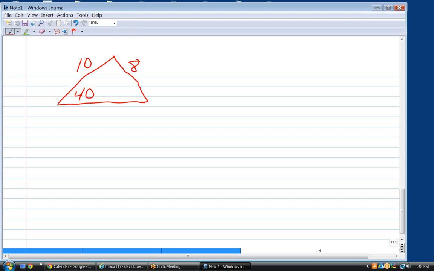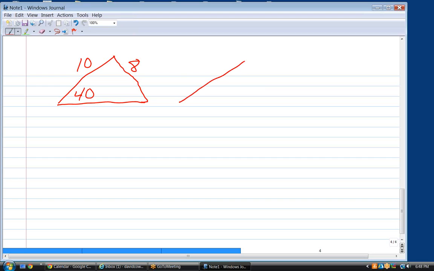First of all, the only time you can ever have it is if you have a side-side angle, which is what we have here. If you have side angle side, there's only one triangle that can come out of that. If you have angle side angle, there's only one triangle that can come out of that. But if you have side-side angle, and the angle is less than 90 degrees, this is a potential case where you might have two possible triangles.